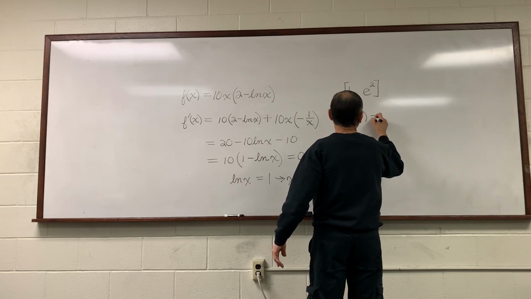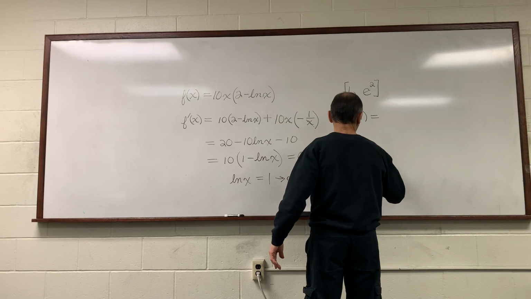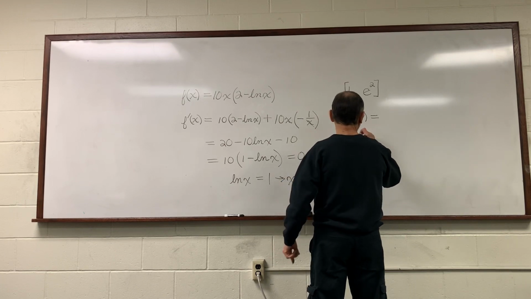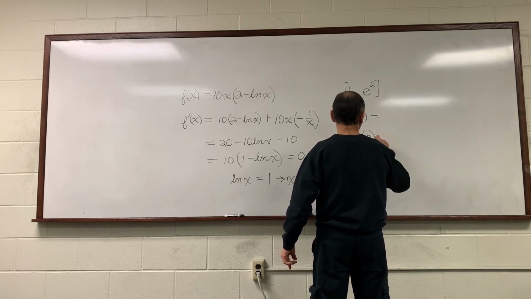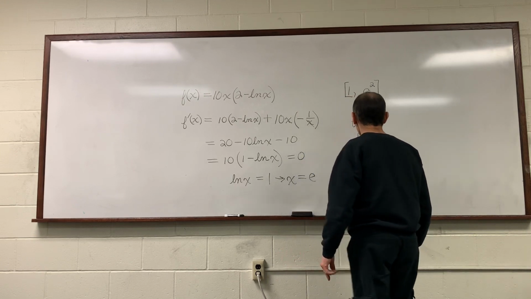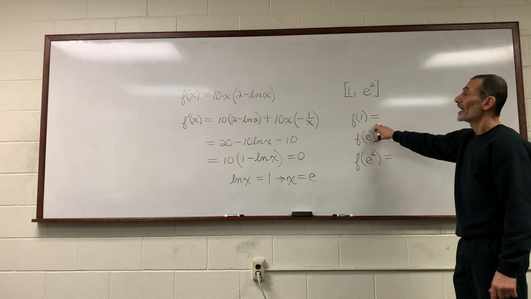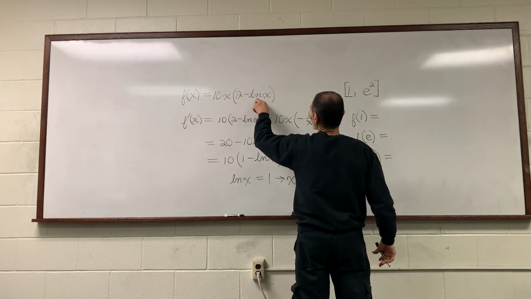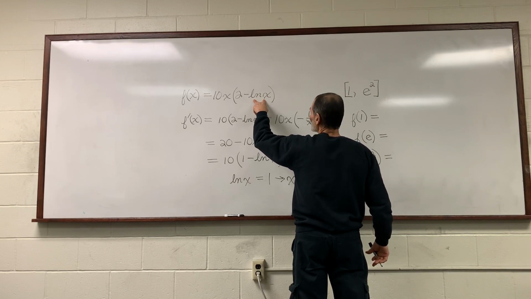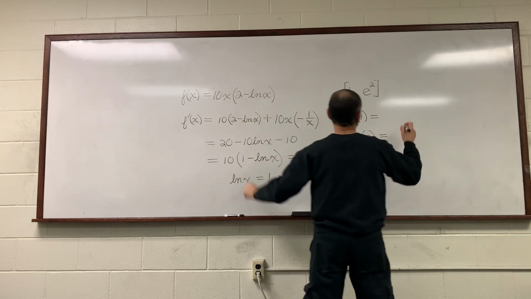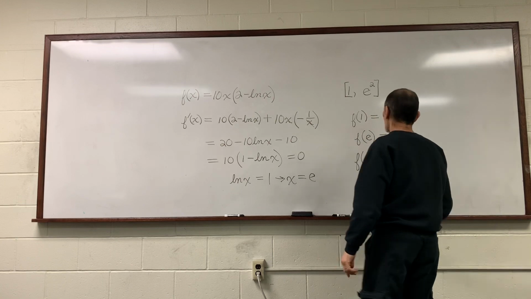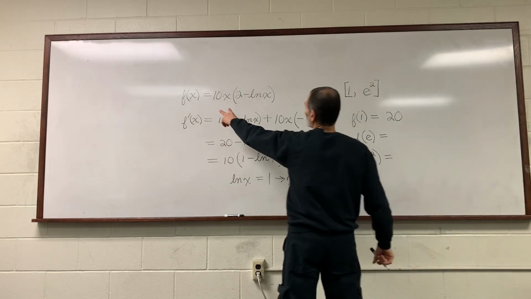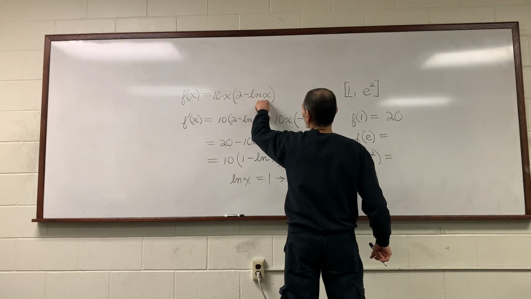So, again, all we do is evaluate the function at the endpoints and at this critical number. F of 1 is 10 times 2 minus the log of 1. The log of 1 is 0, so 10 times 2 is 20. F of e is 10e times 2 minus the log of e.